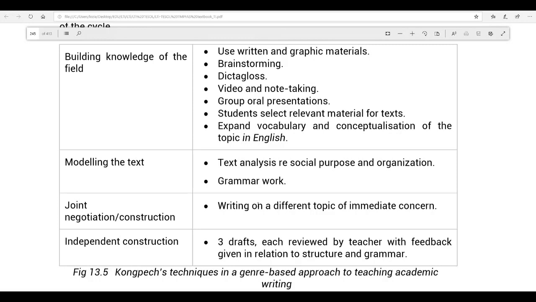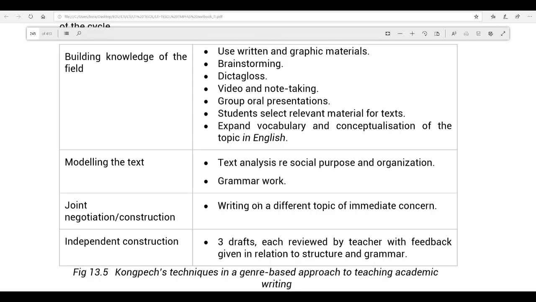Students did express that they would like most time to be spent on the independent writing stage rather than the earlier stages. They wanted to practice their writing.